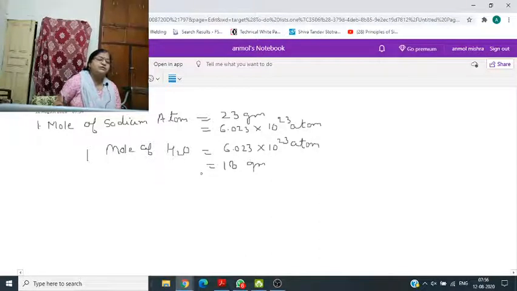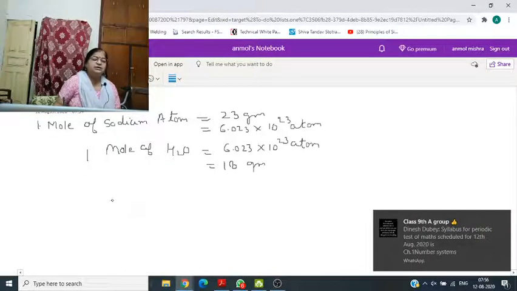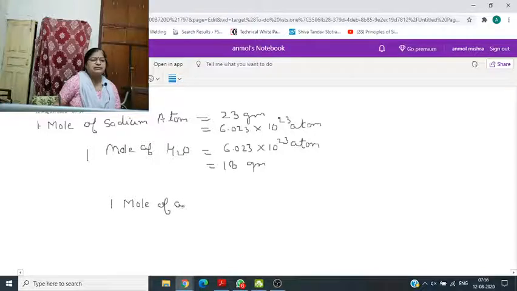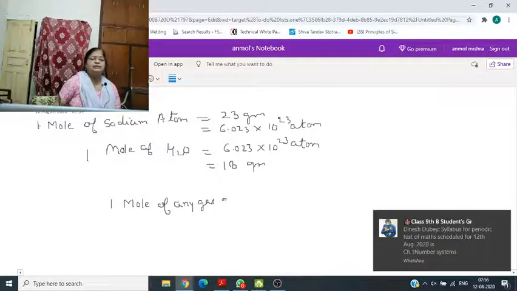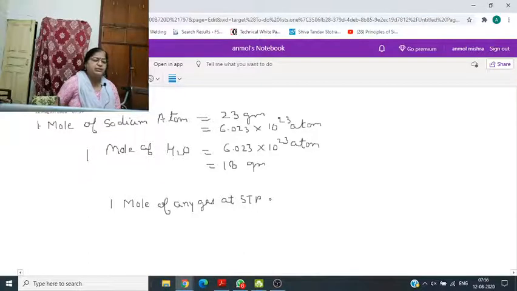One more is there, if suppose gaseous atoms are there, for example oxygen, hydrogen, carbon dioxide, then 1 mole of any gas at STP, standard temperature and pressure, will contain 22.4 liters.